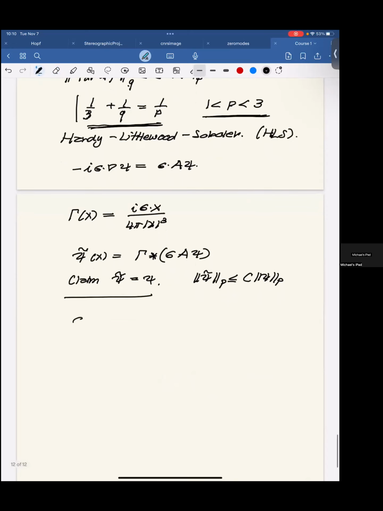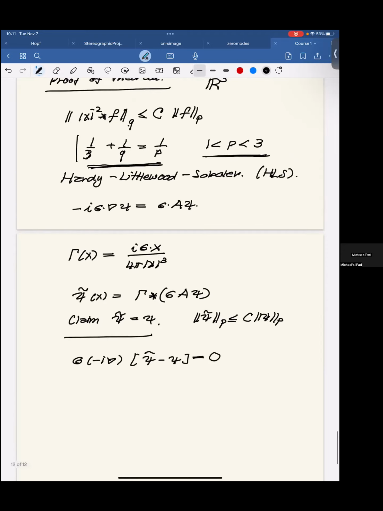You notice, by the way, that when you take the difference and apply sigma minus I grad, it is equal to 0. In other words, the spinor psi twiddle minus psi turns out to be harmonic. I mean, because when you put sigma minus I grad on psi twiddle, that kills this guy, because that's the Green's function. You get sigma A psi, and the psi, of course, also satisfies the equation, so that's 0.